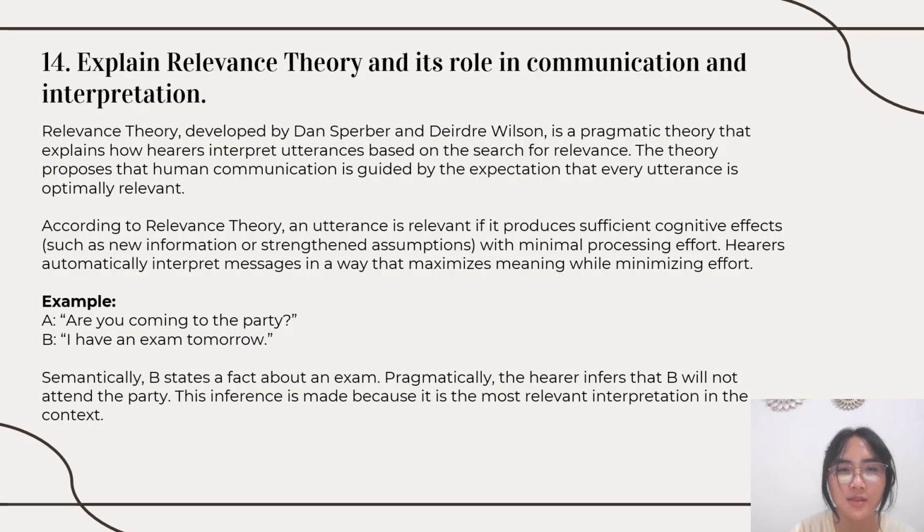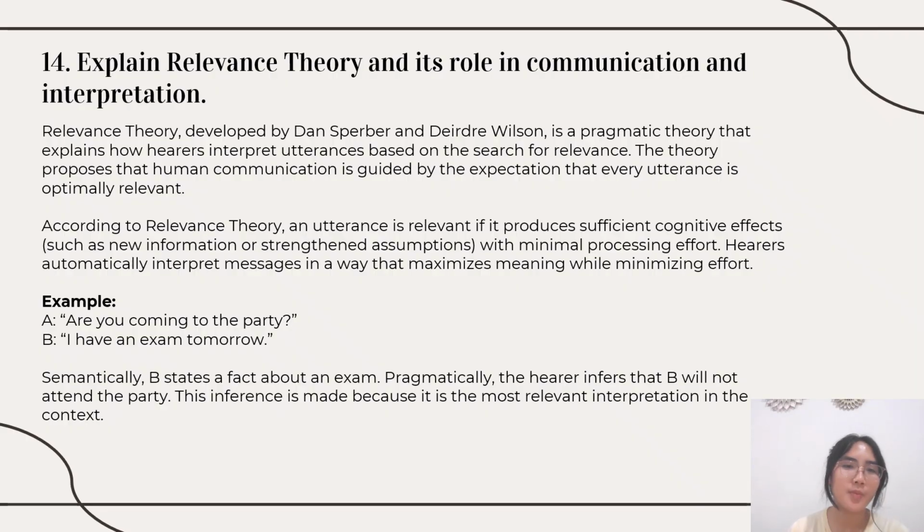The next is number 15: explain relevance theory and its role in communication and interpretation. Relevance theory, developed by Dan Sperber and Deirdre Wilson, is a pragmatic theory that explains how hearers interpret utterances based on the search for relevance.